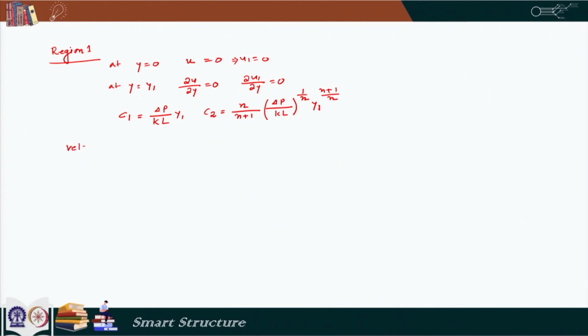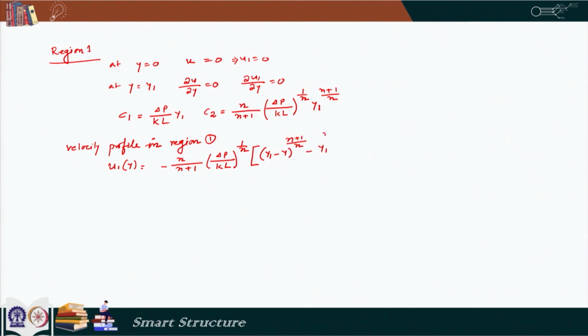So, velocity profile in region 1 looks like this: u 1 as a function of y becomes minus n by n plus 1 into delta p by k L to the power 1 by n multiplied by y 1 minus y to the power n plus 1 by n minus y 1 to the power n plus 1 by n.